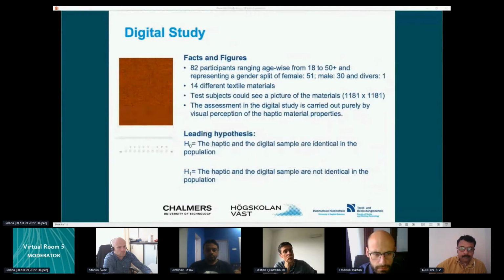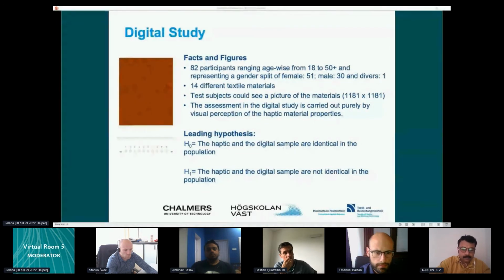As described in the methodology, the results of the haptic workshop were then used for the digital study. Within the digital study, we had 82 participants, ranging age-wise from 18 to 50 plus, and they were quite evenly split by gender. Again, they saw the 14 different textile materials, but this time they only carried out a purely visual perception of these haptic properties.